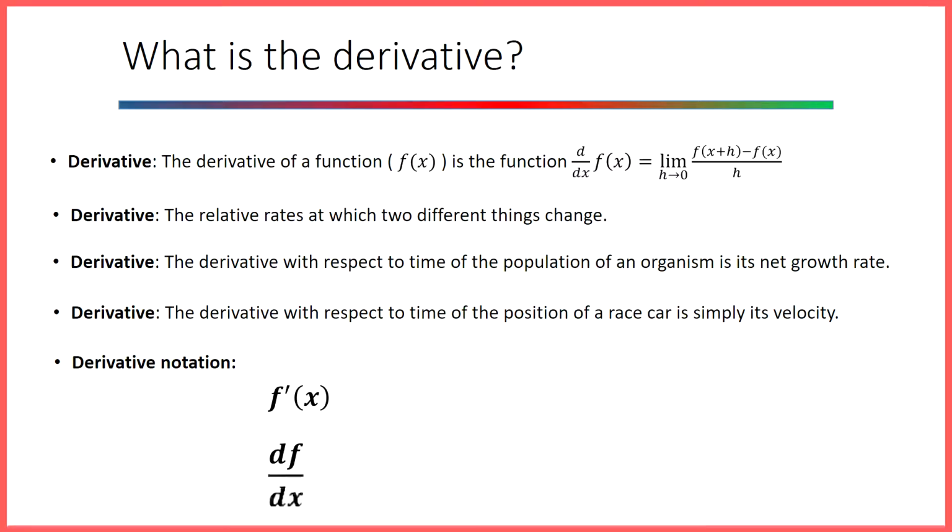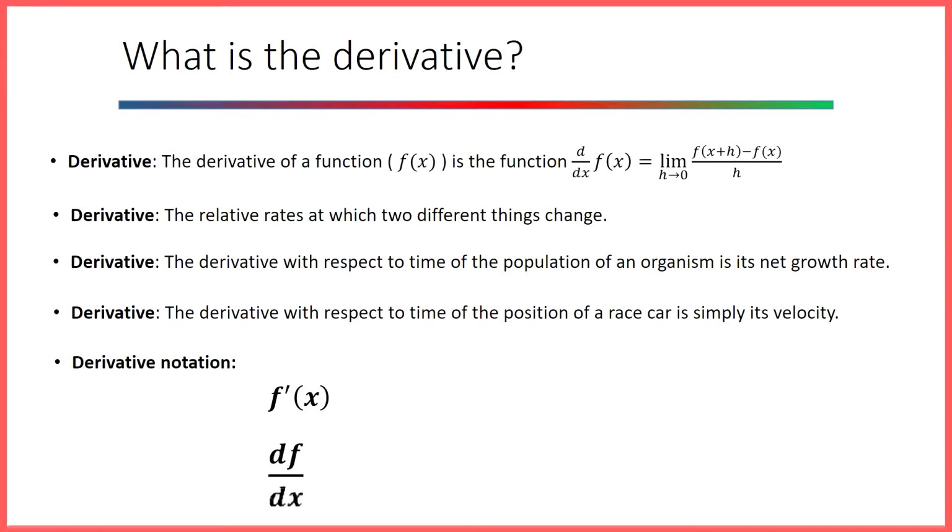I will always use the second notation, df dx, because it is more generalizable, as we will see throughout our calculus toolboxes. However, I want to make sure that you're aware that you might see the derivative written as f prime of x elsewhere.